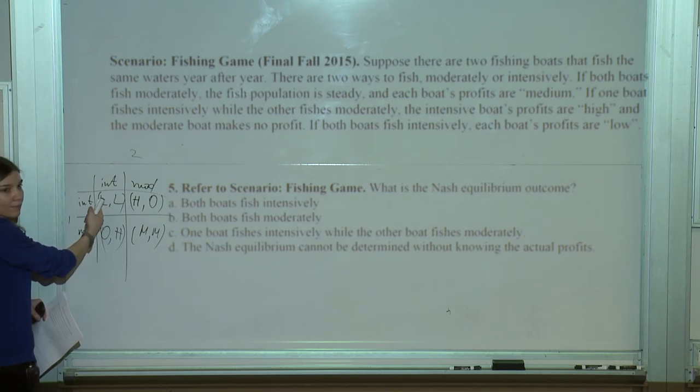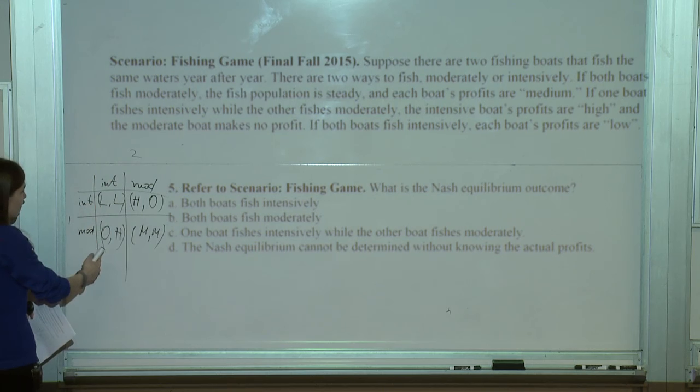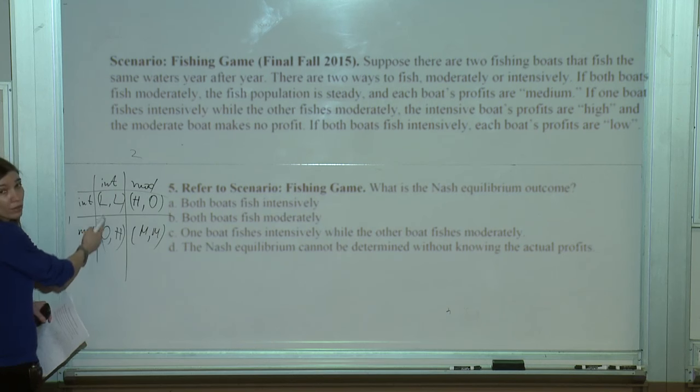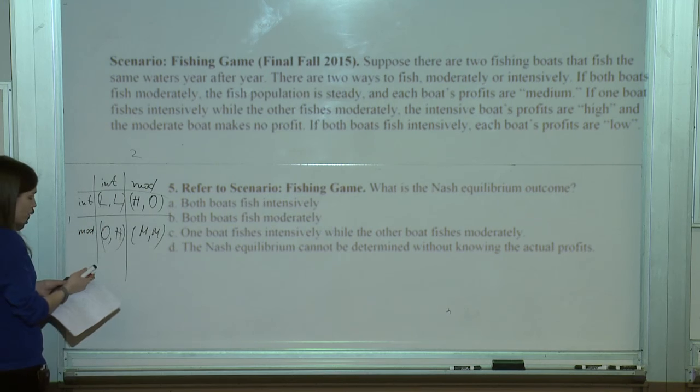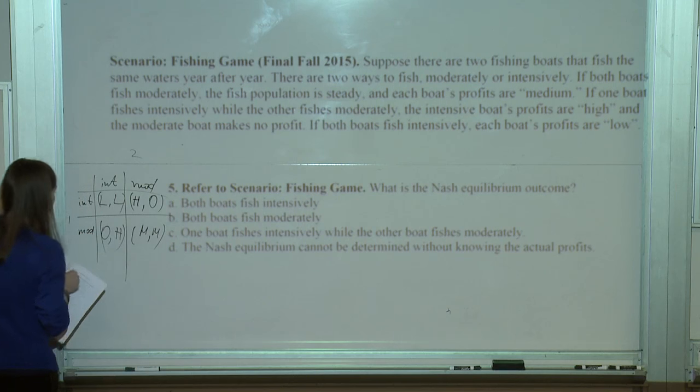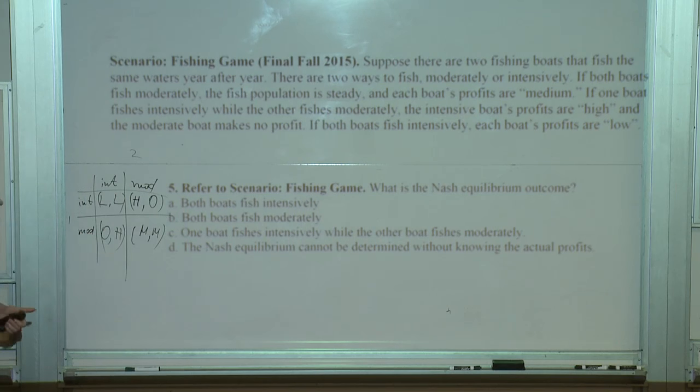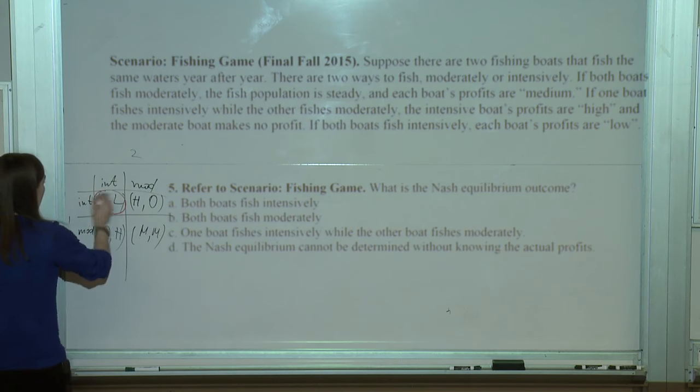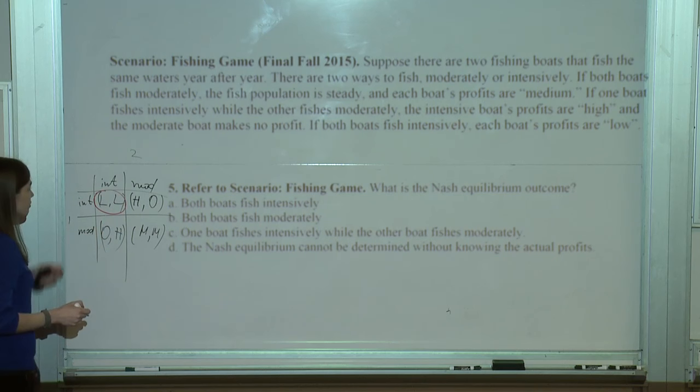What's best for me? Fish intensively as well, because in the first case I get low, and if I decide to fish moderately, I get nothing, and low is better than nothing. Right? So the first guy is going to choose intensively if the other guy fishes intensively as well.